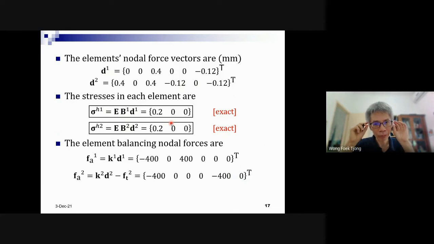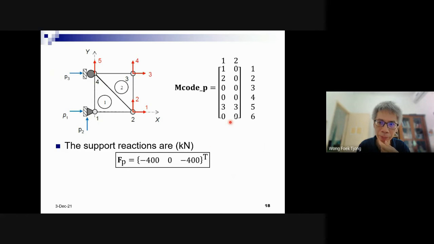Lastly, how about the support reactions? The support reaction we can calculate from this one, balancing force FA, right? After this, we can assemble using inactive degrees of freedom. This is where we define inactive degrees of freedom, right? For element number 1, MCOT for inactive degrees of freedom is 1, 2, 0, 0, 0, 3, right?